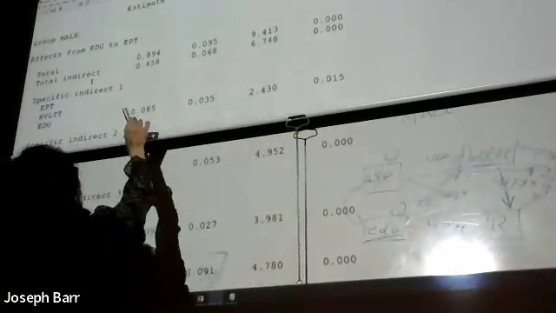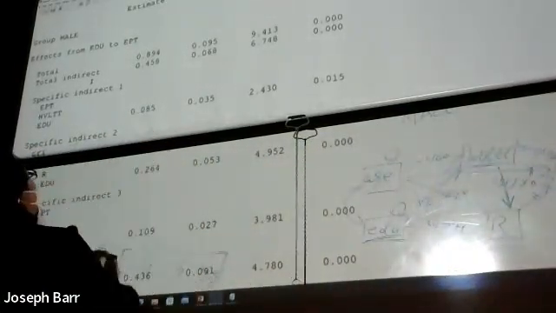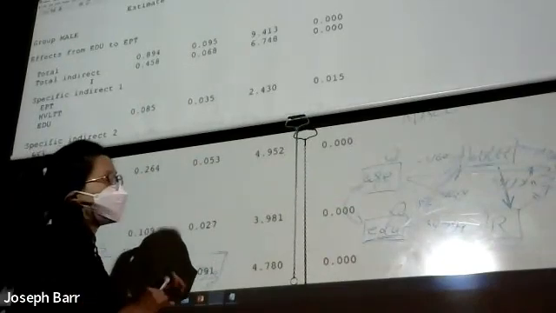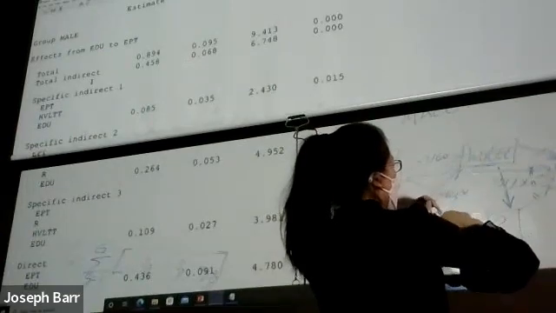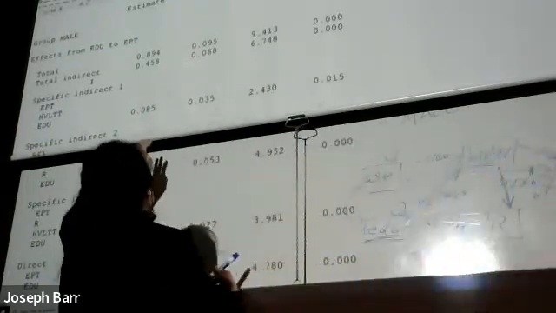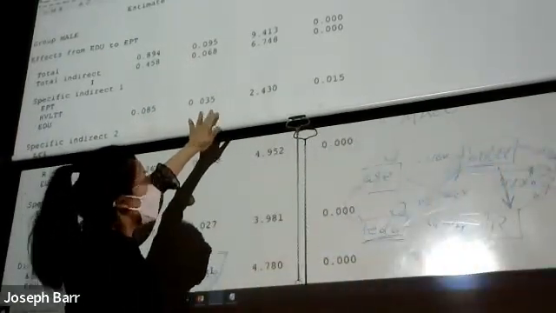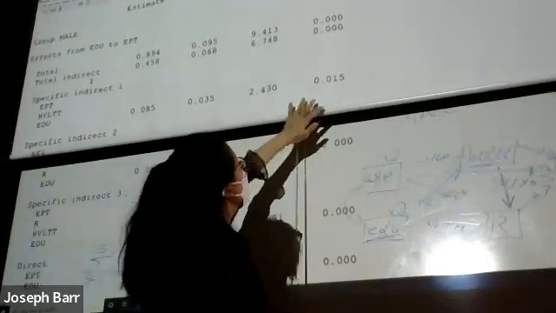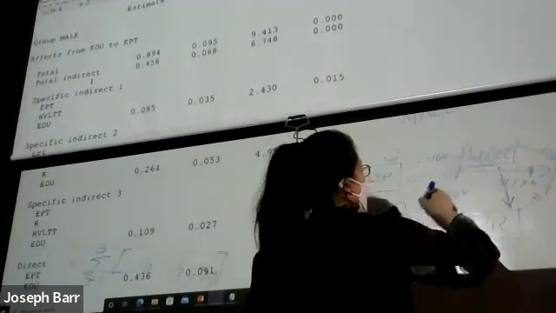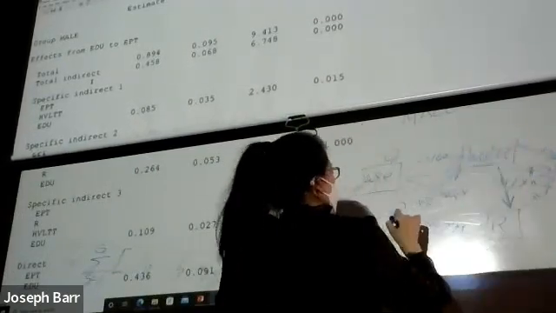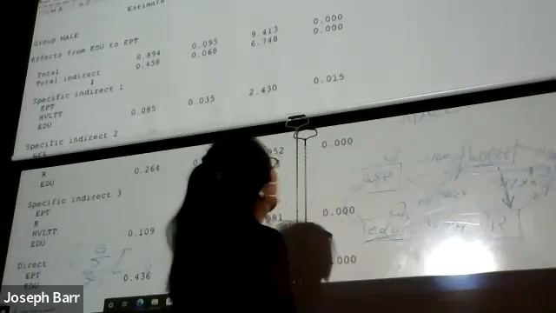This is the estimate: the product of these two coefficients is reported here, and the standard error, T ratio, and the p-value are reported here. So it is significant. From EDU to HVLTT to EPT is significant.